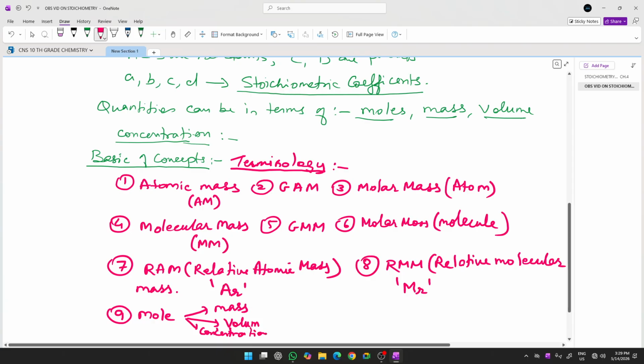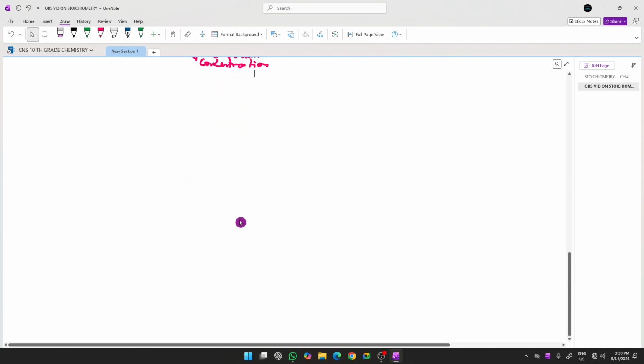These are all the things you should first understand properly, separately as concepts, and then combine all these concepts to understand how stoichiometry works. So our next step will be to understand these concepts. Let us proceed with atomic mass.